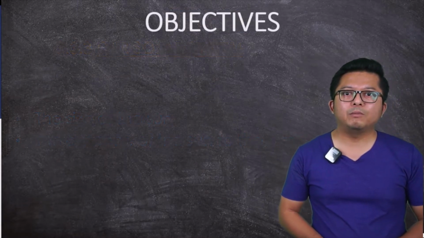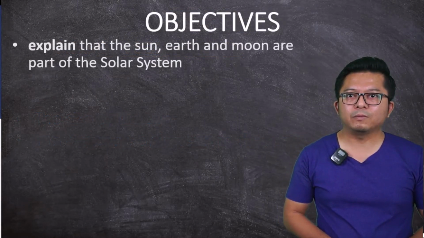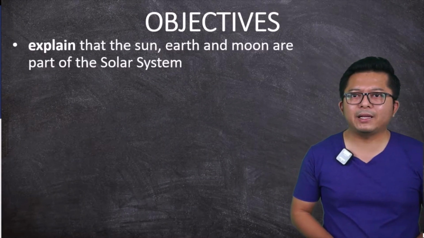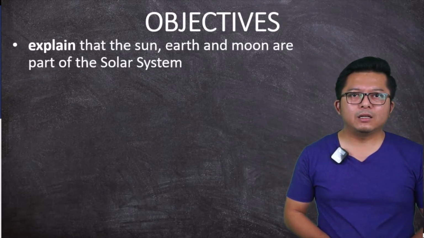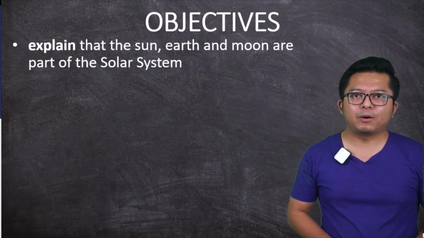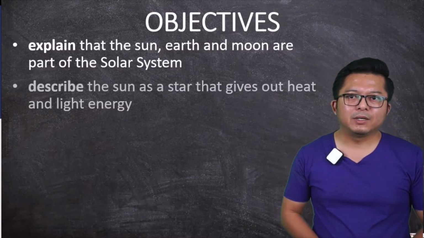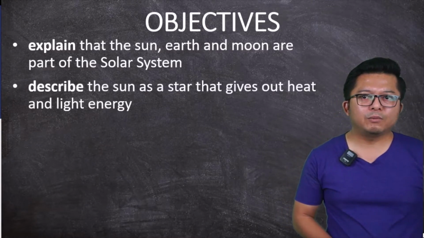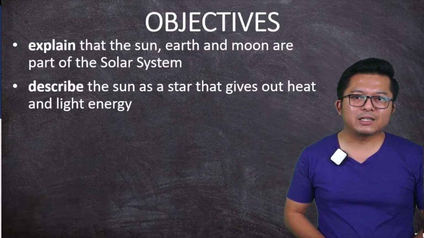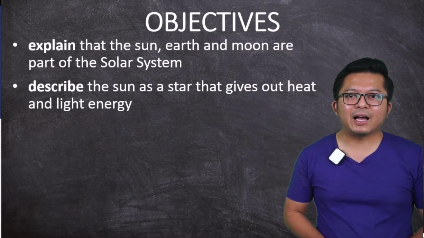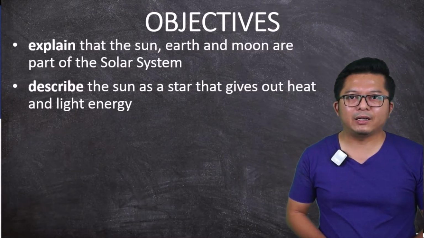Moving on to our objective for this video, it is to explain that the sun, earth and moon are part of the solar system. Then, describe the sun as a star that gives out heat and light energy.